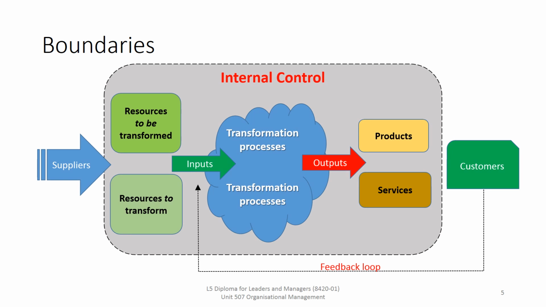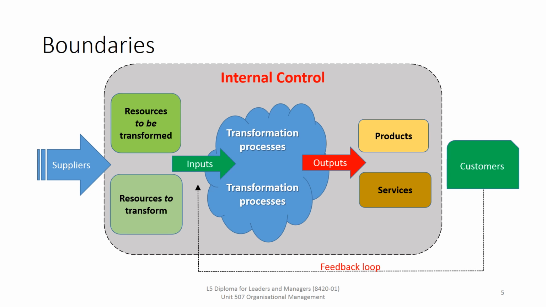But to be able to think properly about our operational management, we're going to need to understand and consider where our boundaries are of our operational responsibility. And as it's just coming up on the screen now, some things are going to be external and outside of our control or limited control, the suppliers, the customers, and the feedback that we receive. And then the other areas where we're going to have fuller control.